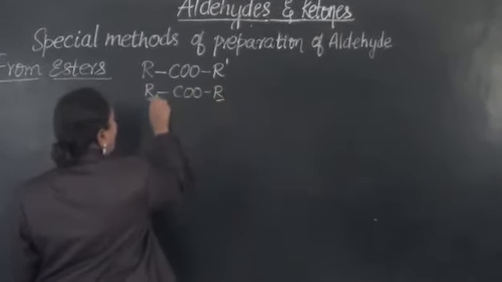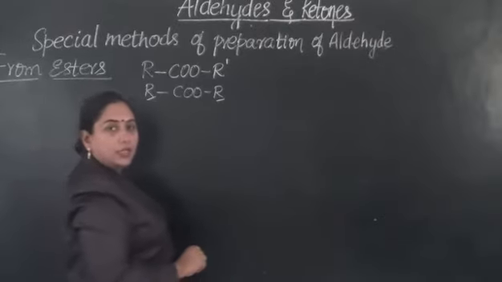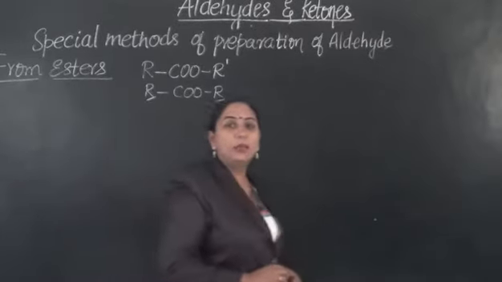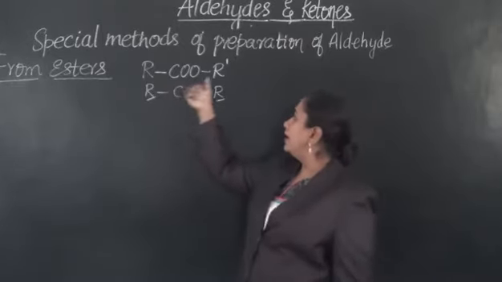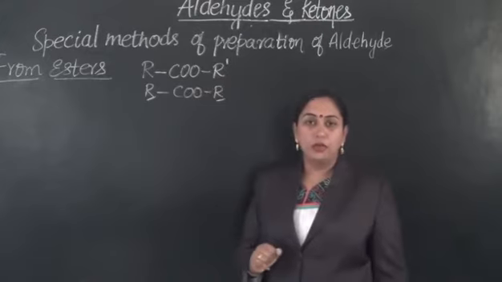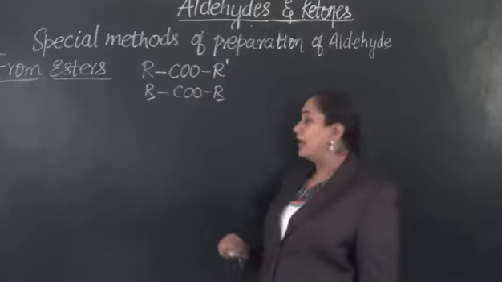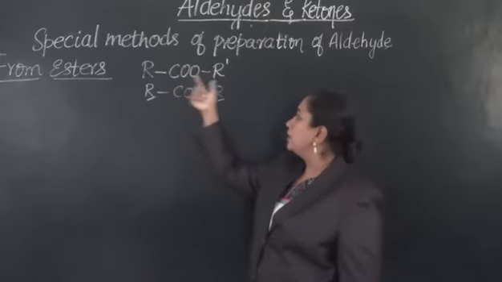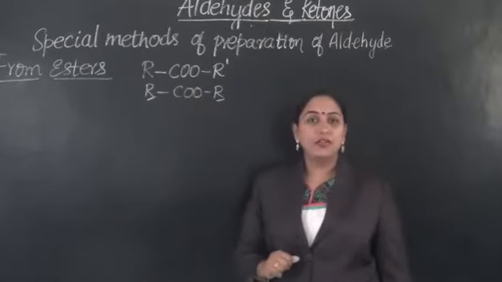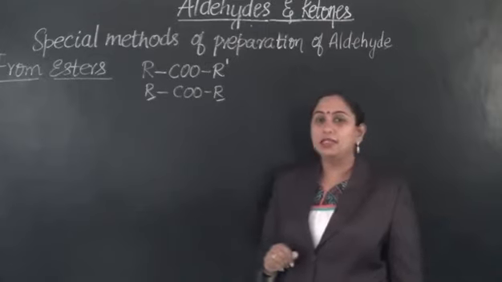If both the R's are alike groups, then such esters are referred to as symmetrical esters. If the R and the R dash are unlike groups, to represent that they are unlike, it is indicated with R dash. So if they are unlike groups, then such an ester is referred to as an unsymmetrical ester.